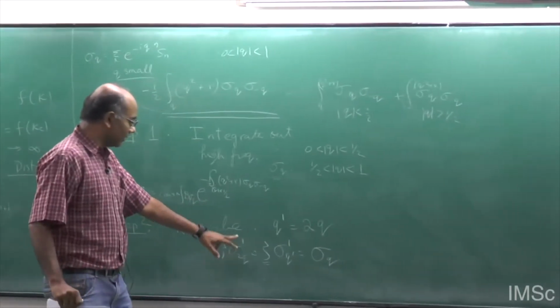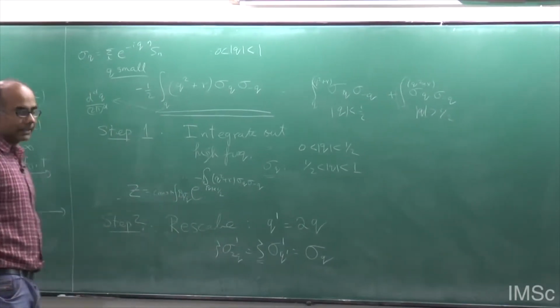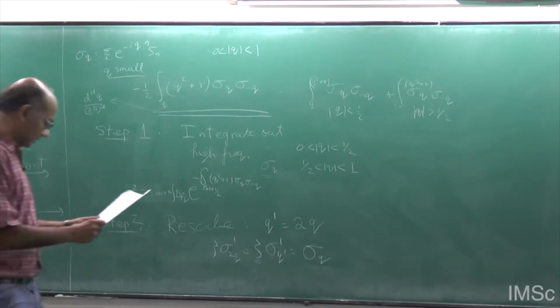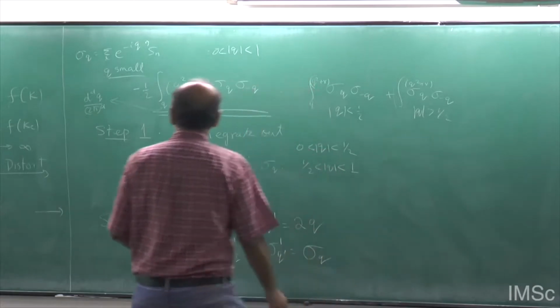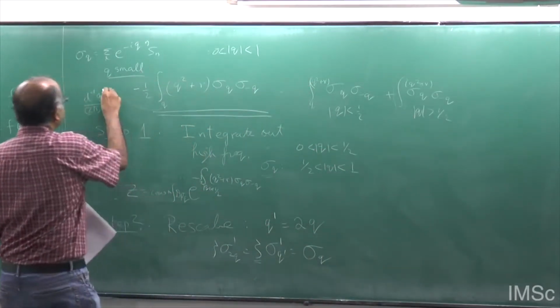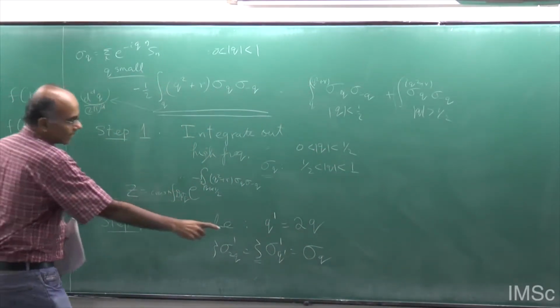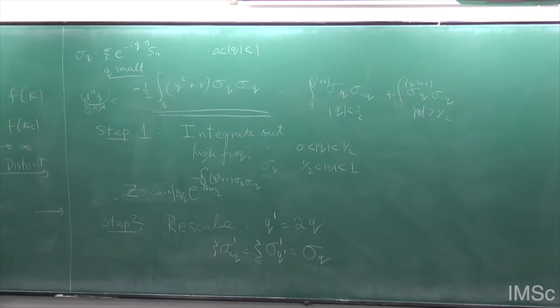And correspondingly, we allow for a rescaling of the variable of integration. So let's do that. I'll just substitute everything. Now you have to remember that there is a ddq in this. We'll replace that by ddq prime, which will bring a factor of 2 to the power of d.